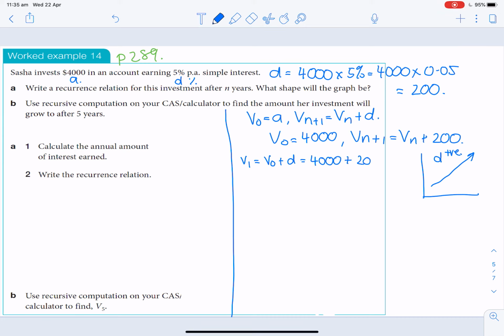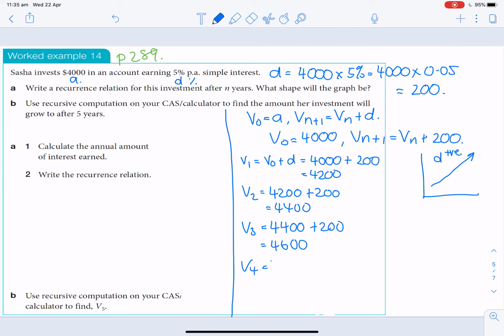4,000 plus 200, 4,200. V of 2 equals 4,200 plus another 200, gives me 4,400. V of 3 equals 4,400 plus 200 equals 4,600.